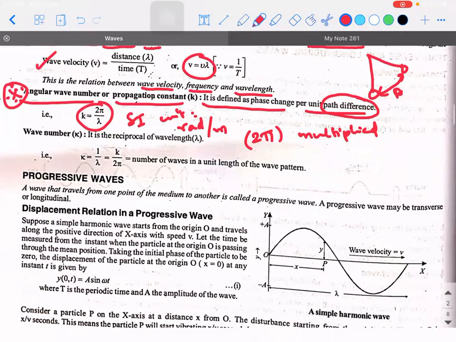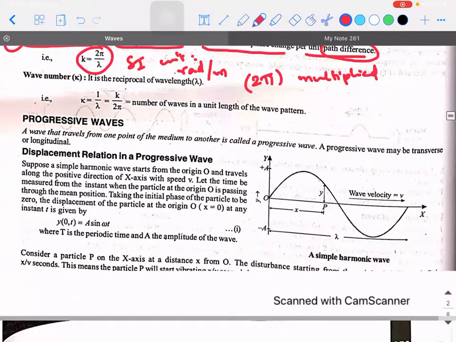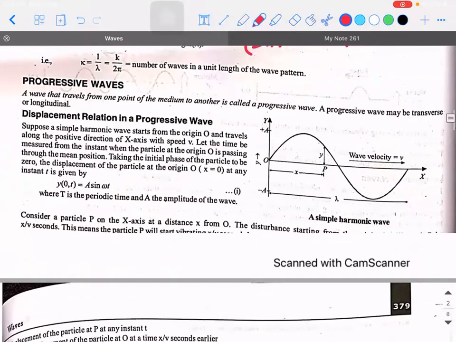Okay. Next, listen. This is an important term again. Progressive waves. Again, we know what a wave is. A wave is a continuous disturbance which transfers energy from one point to another. And what do you mean by progressive? It is traveling.